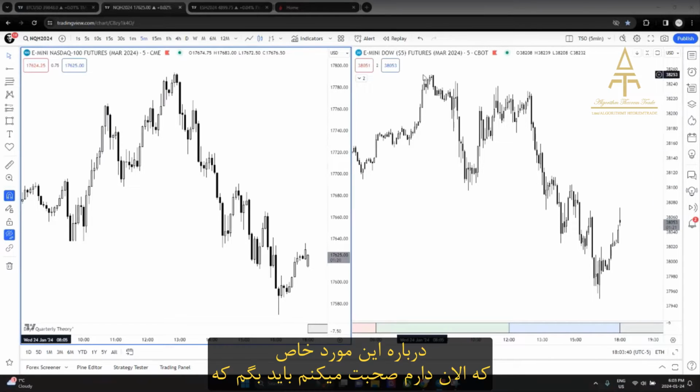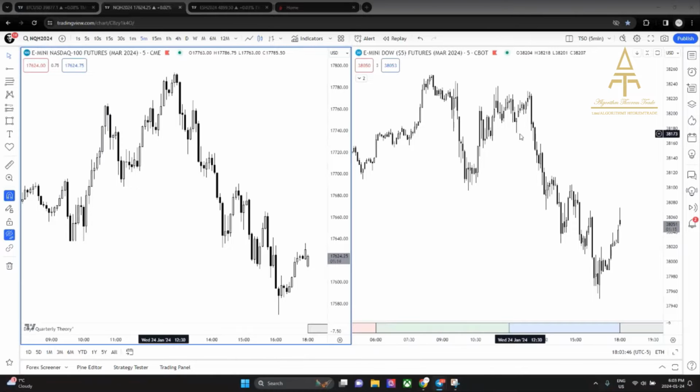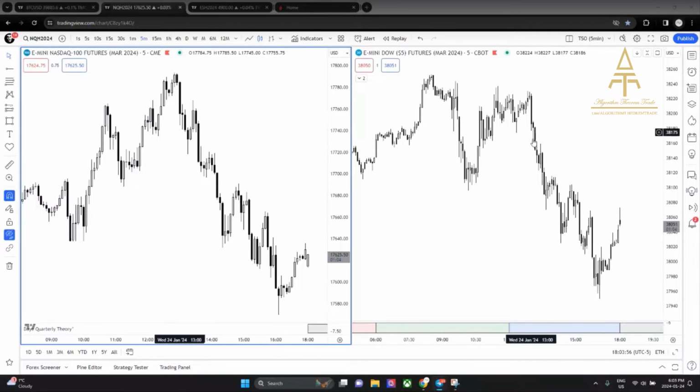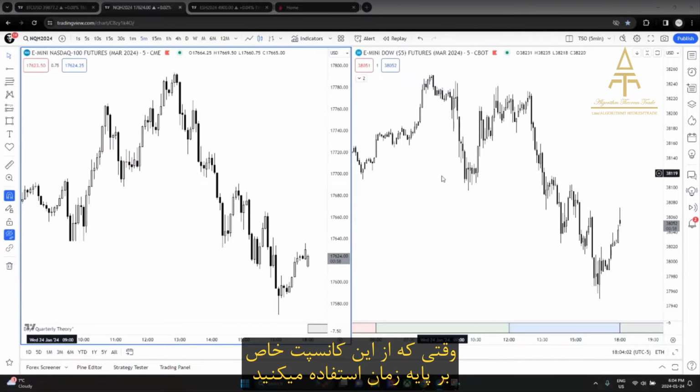With this specific one that I am talking about, the aim is to anticipate the reversal of Q4. Let me say that again.